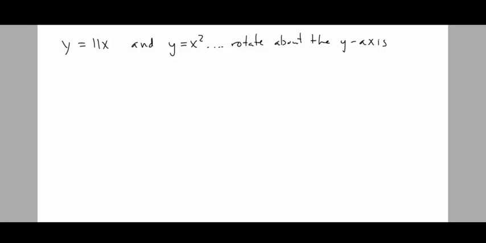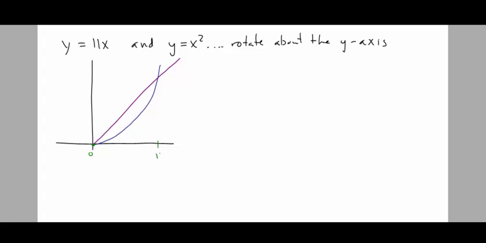So in order to do that, I'm still going to have my same shape. So I know I have that curve underneath. And then I know I have the line that's above. I already know my points of intersection from my work up above. There's 0 and 11 and 121.